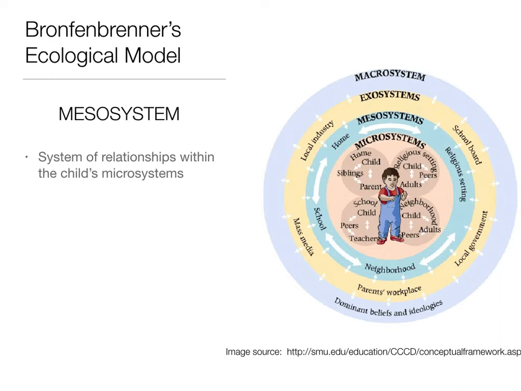And this can be any of those microsystems, so that includes the religious settings and the neighborhoods. Maybe the child is really engaged at the microsystem level in some sort of activity, baseball or gymnastics. That can be a microsystem for them, because that's that one-to-one interaction with them. So again, those microsystems are very specific to the child and the child's interactions.